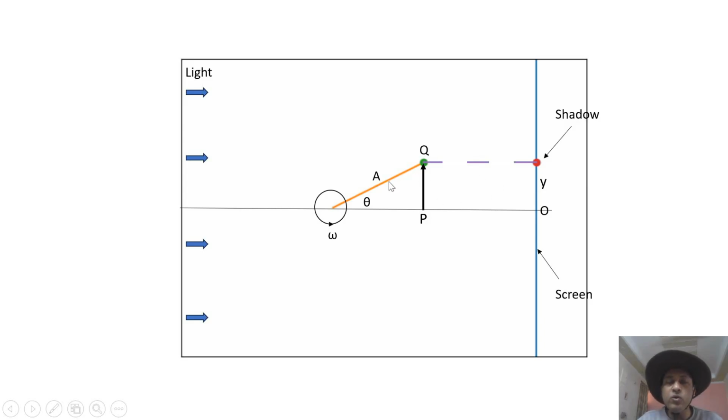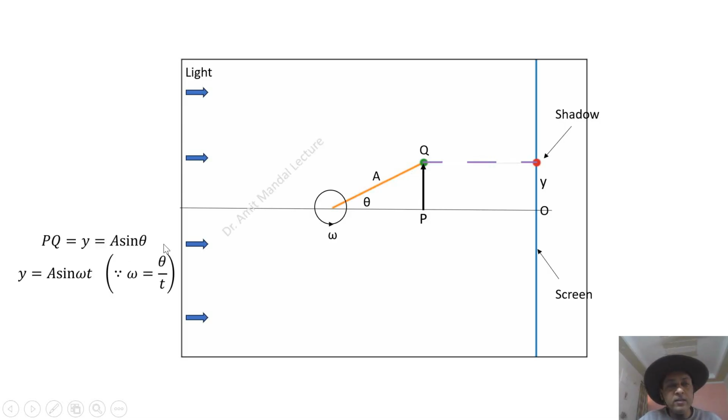So y equals PQ. This makes a right angle triangle with angle theta, and A acts as the hypotenuse. PQ is the perpendicular, so PQ equals A sine theta. So y equals A sine theta. The distance of this shadow from the mean position equals A sine theta.